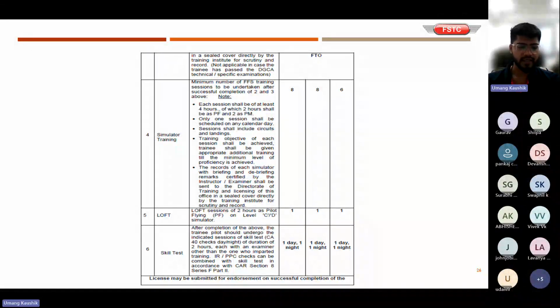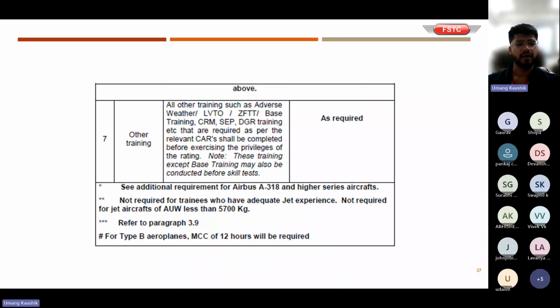One day and one night. So there will be 2 skill tests of 2 hours each, 1 skill test day, 1 skill test night. Plus, you can also complete your IRPPC with a skill test night or skill test day, depending on your instructor. This is other training.